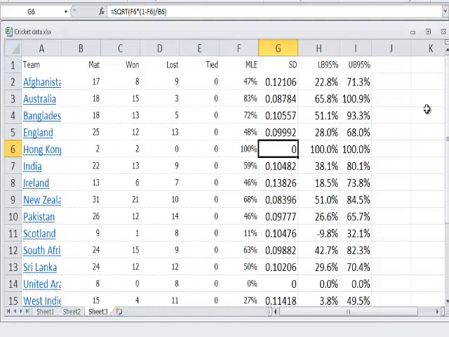Let's see what the actual range is here. There were only 2 matches played, so there were 3 possibilities: 0, 1 or 2. Under the null hypothesis of 50%, there would be a 50% chance of 1, 25% chance of 0 and 25% chance of 2.